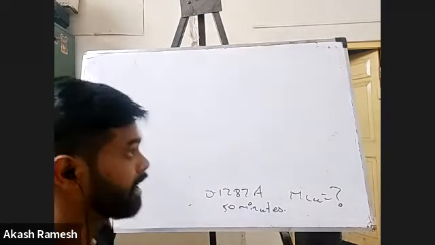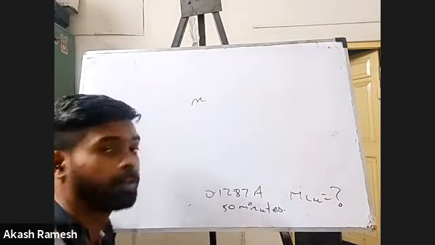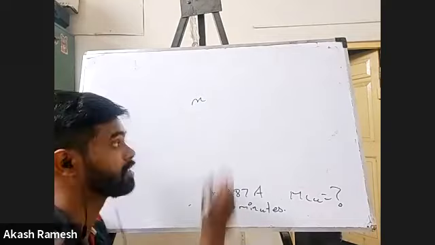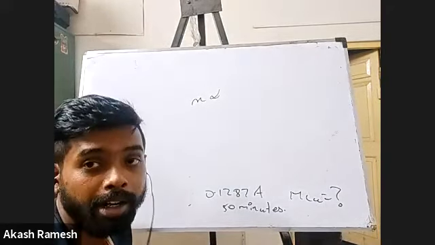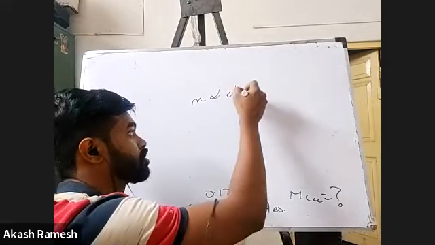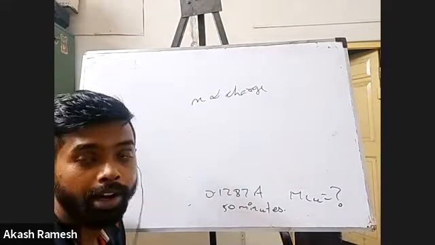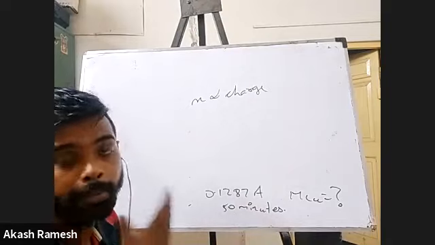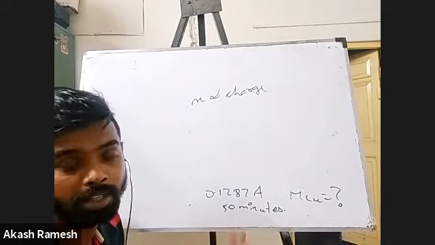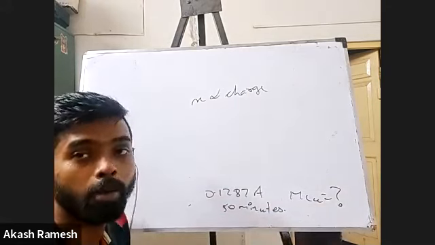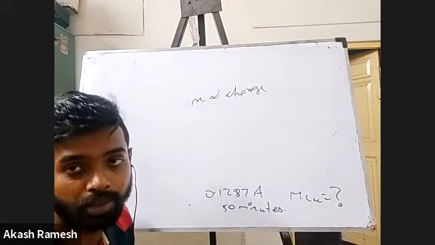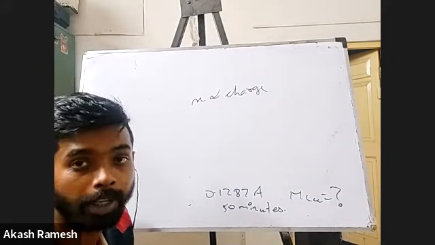Basically, the mass of substance deposited, M, is directly proportional to the quantity of electricity. Quantity of electricity means charge. So M is directly proportional to charge. The more charge you pass, the more will be the amount of substance getting deposited.